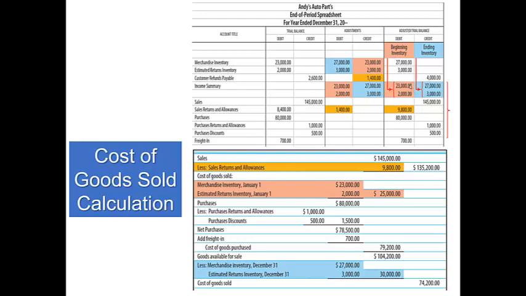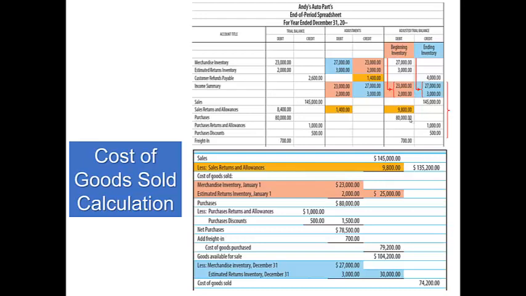So we're going to bring down both the regular inventory beginning balance and the estimated returns inventory beginning balance. So if we add those two together, we have a total beginning balance of $25,000. So we're going to let that sit a minute and now calculate the cost of purchases.